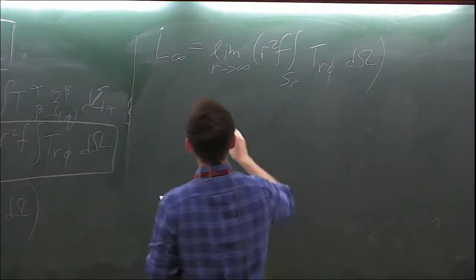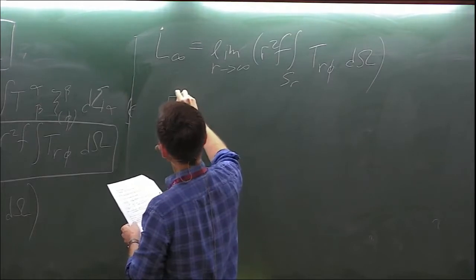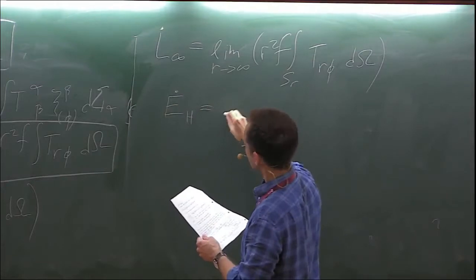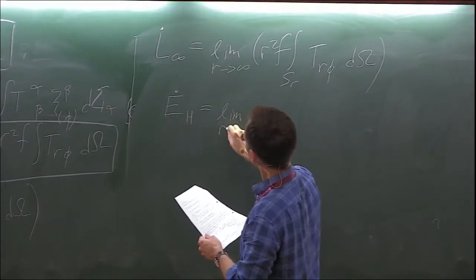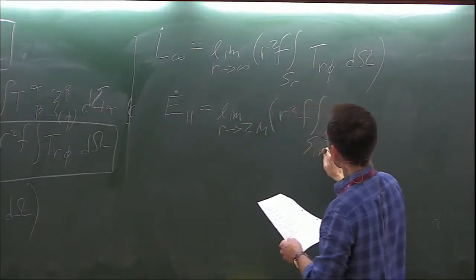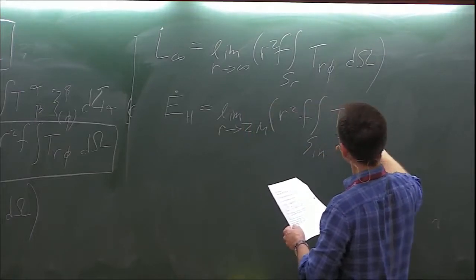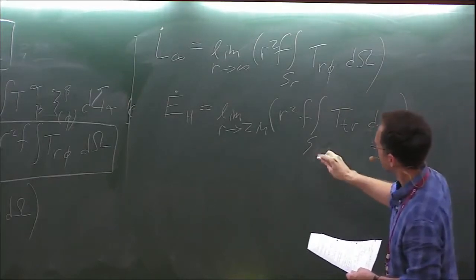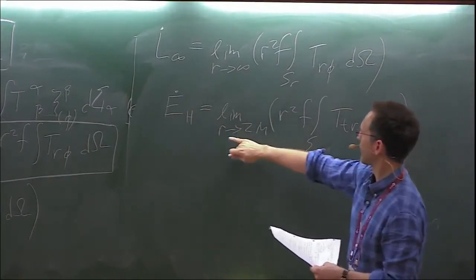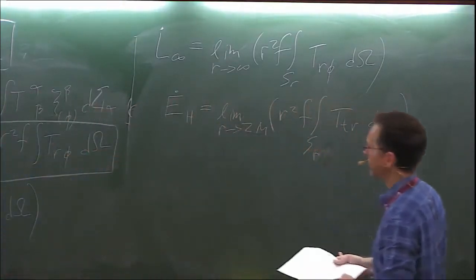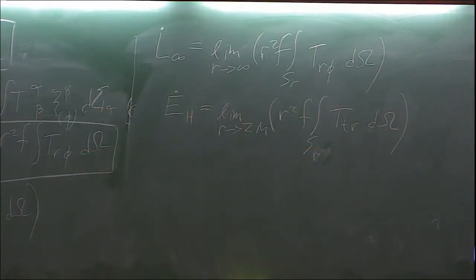Now we're looking at S in, and you find E dot at the horizon, so we're putting S in at r equals 2m, is the limit as r goes to 2m, r squared f integral over a sphere of radius r. So the only thing that's changed is I'm now evaluating a different place, and also there's an overall change in sign, because outward means two different things depending whether you're looking at the outside tube or the inside tube.